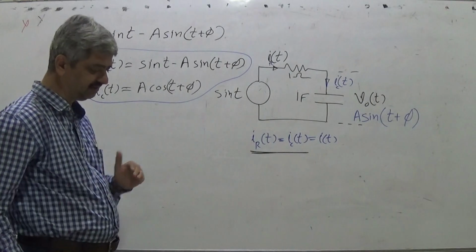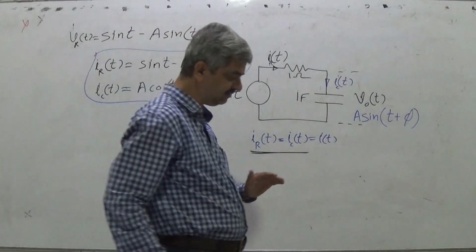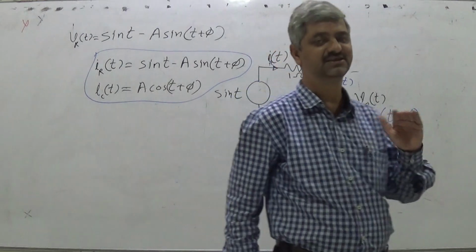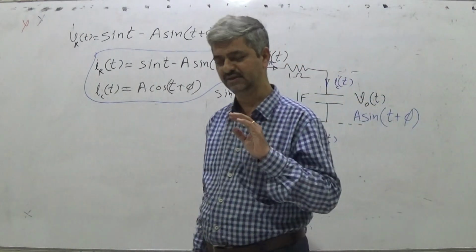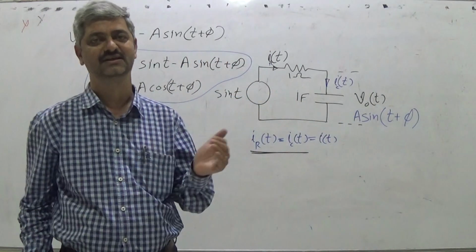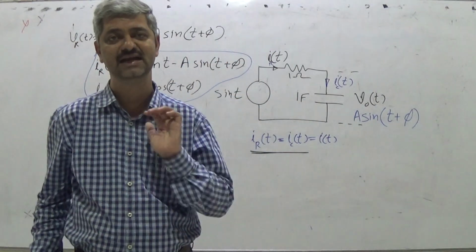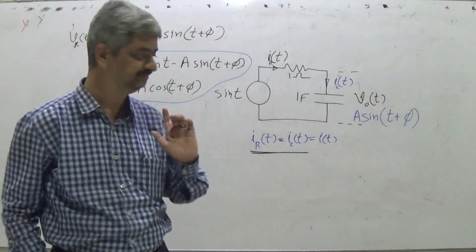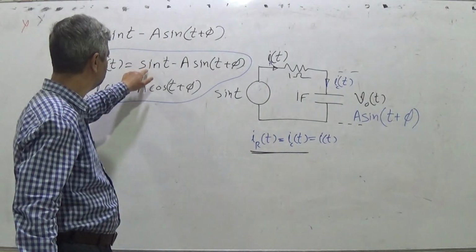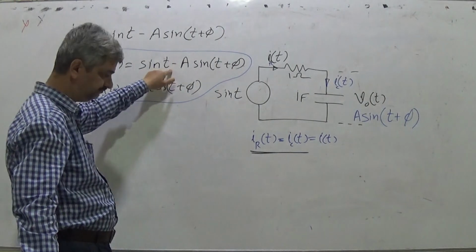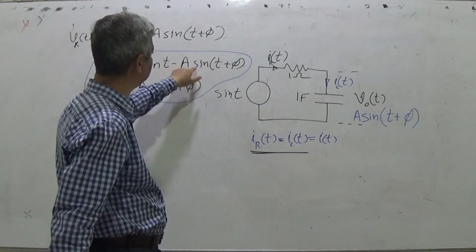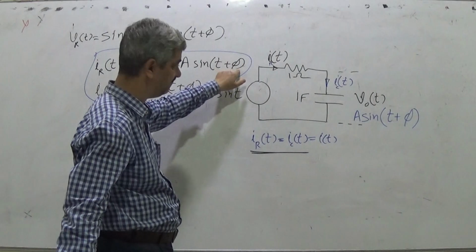Now it is a standard 11th standard trigonometric problem, a standard identity used twice. It is a classical 11th standard trigonometric problem. Sin t, this is 1 sin t plus 0, minus A sin(t + φ).